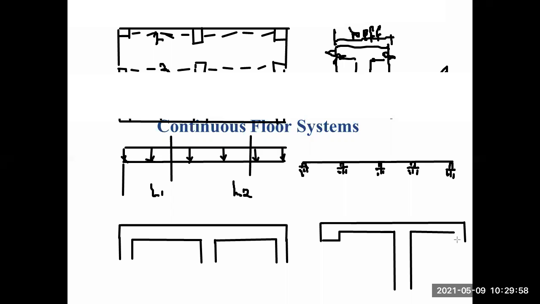So this is the beam up to here, spandrel beam, and of course it is supported by a wall.